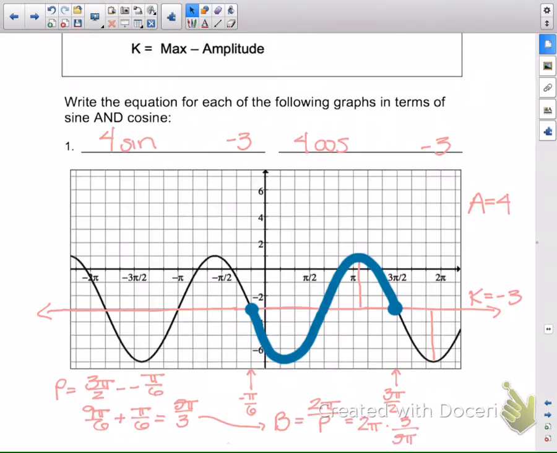What's going to cancel? The pi's. And what's it going to give me for my b value? 6 over 5. If I go back to my equations up at the top, where does that b value go? Directly after sine, directly after cosine, before the parentheses that has the x in it.